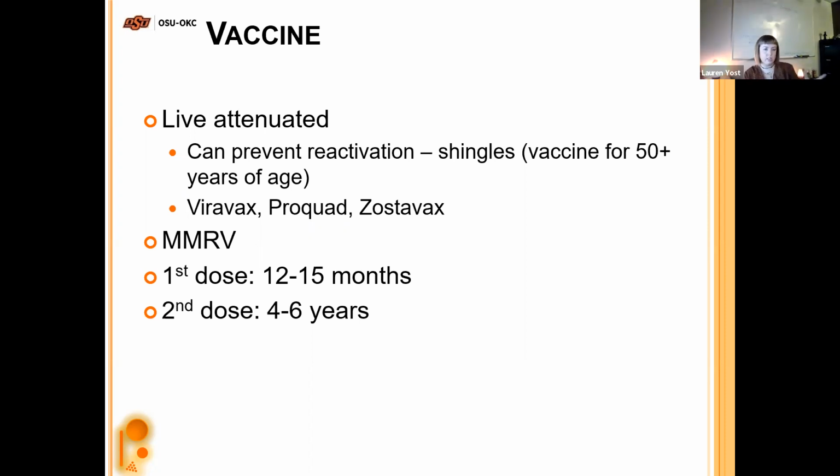There is a vaccine available for chickenpox. It is a live attenuated vaccine, meaning that the virus is actually alive, but it has been altered in a way that it shouldn't cause any disease symptoms. You get those shots, and it can prevent reactivation.